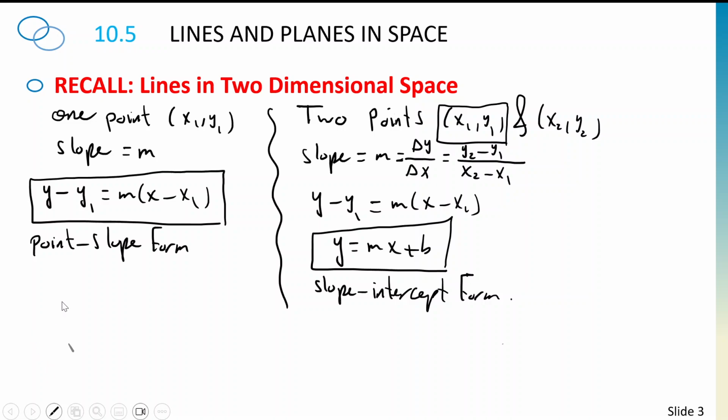So there's usually like a minimum requirement. So I need for a line a point and slope. This is the minimum requirement. Or I could just have 2 points. Still, it takes me back to the first situation, which is I use the 2 points in order to find the slope. Now, what we'll be doing in the three-dimensional space is something similar to this.